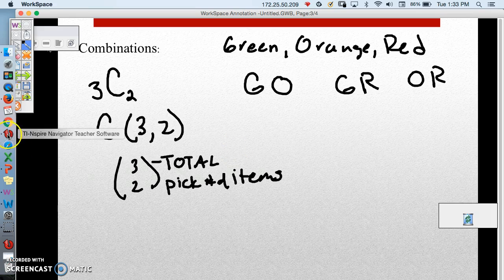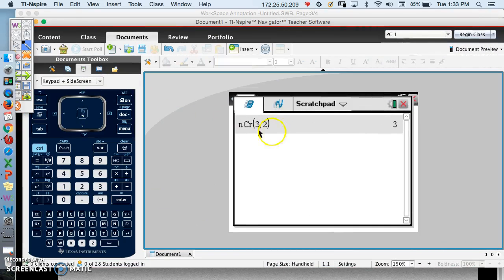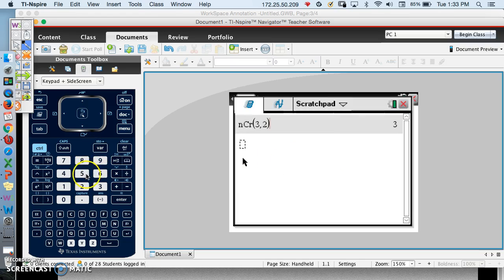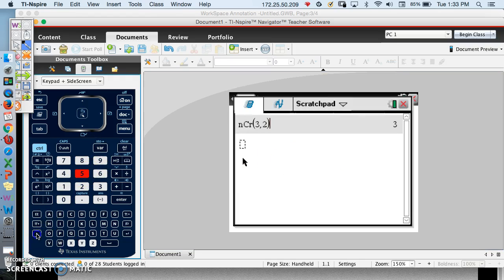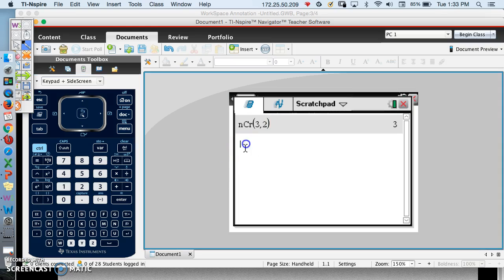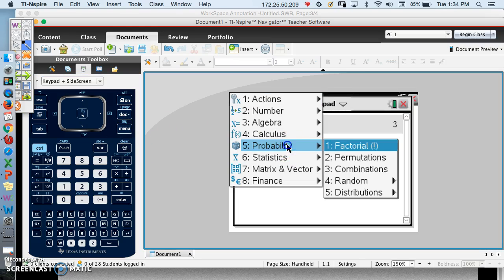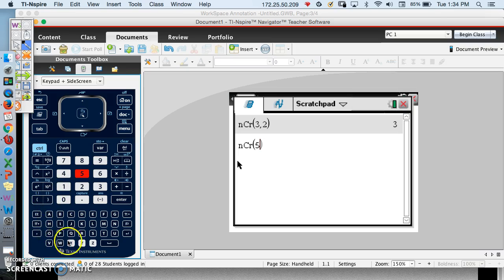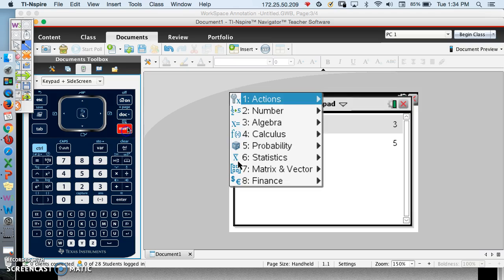And what it turns out on your calculator here, we have 3 choosing 2 there. We'll do another one here. Let's see, probability combination. Let's do 5, 1. Menu, probability, combination, 5, 1. So 5 choose 1, there's 5 ways.